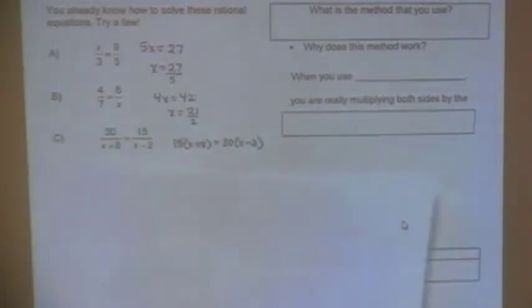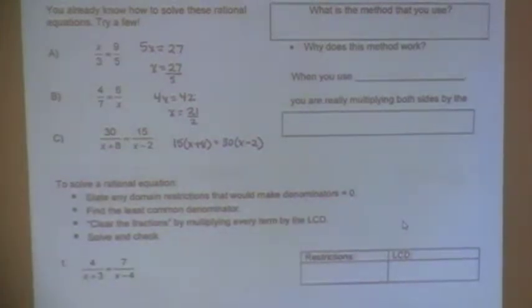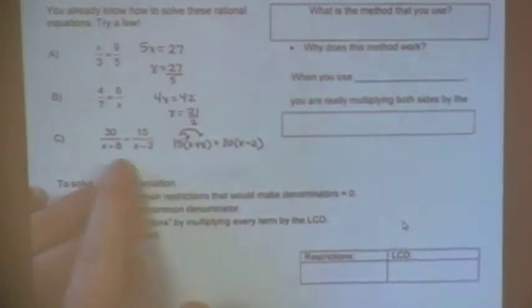The only thing about C is you have to be a little bit careful, because when you cross multiply, you can't forget that a fraction bar is a grouping symbol. So it's a good habit to go ahead and write this step down, because otherwise you might forget that you need to distribute. So the 15 has to go to both of the pieces, and the 30 has to go to both of these pieces.